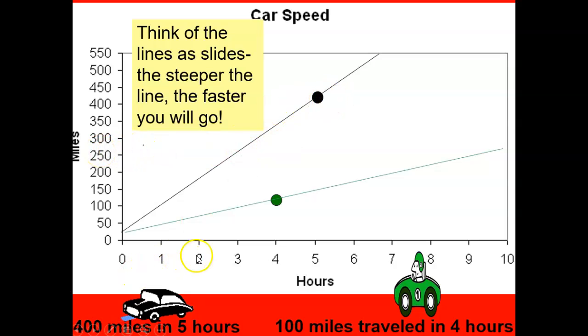This black car here, after 2 hours, went like 175 miles or so. I could pick any spot on the graph. So 3 hours, go straight up: about 250 miles in 3 hours for the black car. The green car, 3 hours would be only about 100 miles. Not even. Maybe like 75.